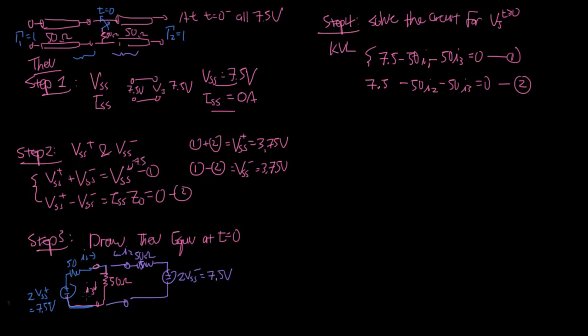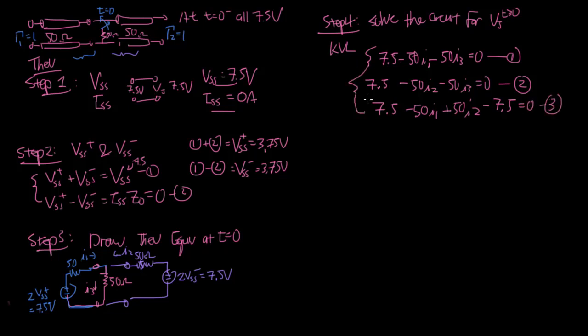And then lastly, we'll look at this large loop. So we'll have 7.5 volts minus 50 I1. And then in this case, we're going against the arrow, so we have a plus 50 I2, and then minus 7.5 volts is also going to be equal to 0.